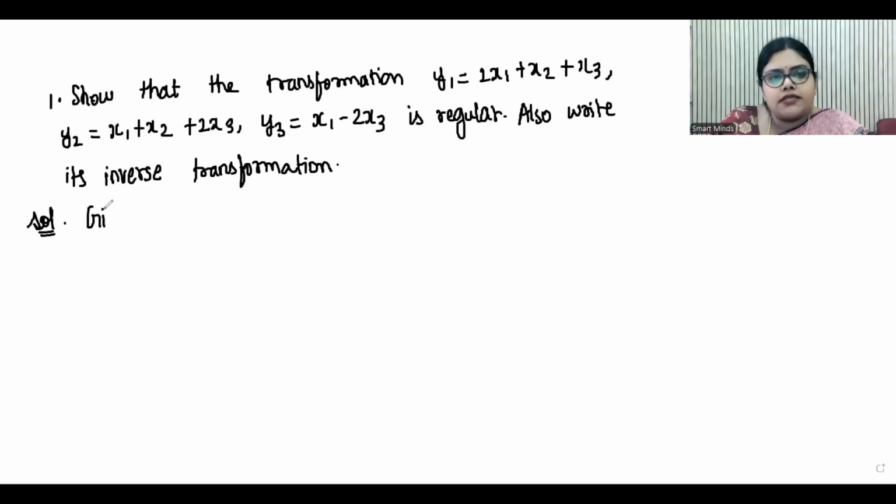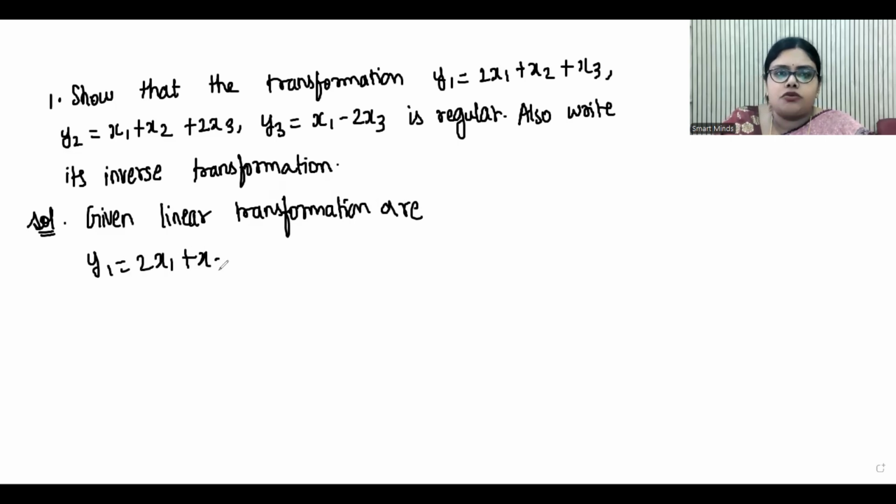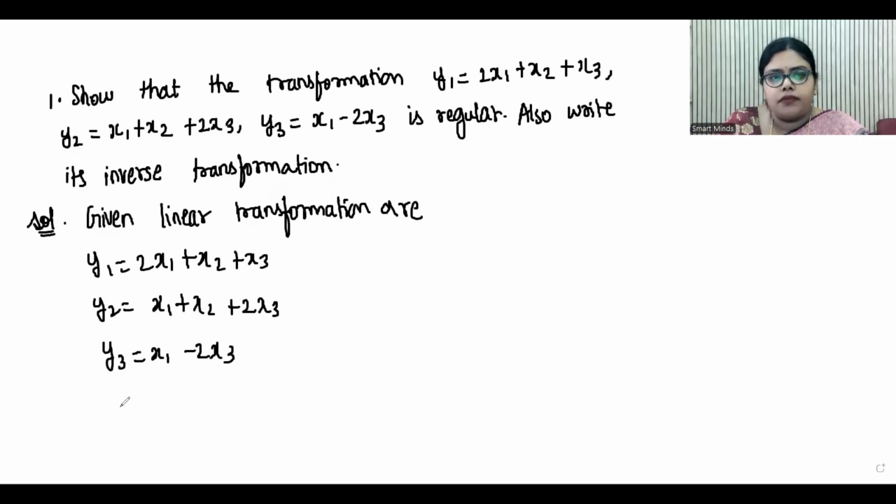So first let us write the given linear transformation. So given linear transformations are y1 is equal to 2x1 plus x2 plus x3, y2 is equal to x1 plus x2 plus 2x3, y3 is equal to x1 minus 2x3.